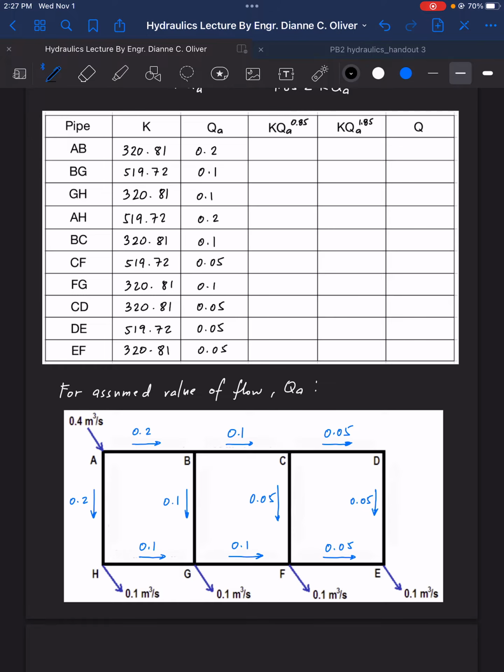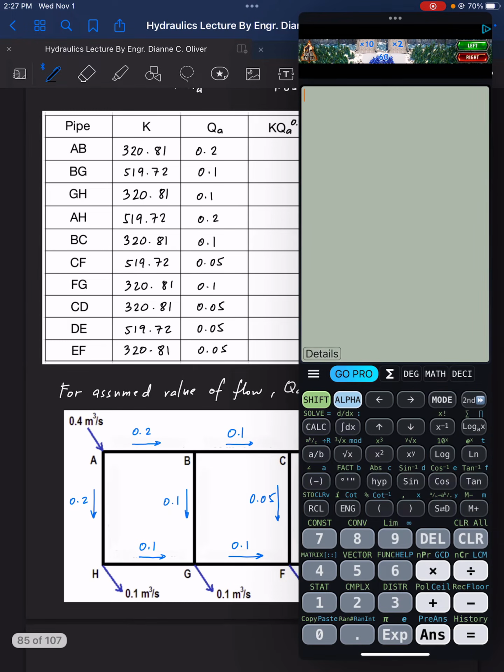Next, we will now be able to get the value for K times QA raised to 0.85. So, for all values with 320.81, that is multiplied with 0.2 raised to 0.85.